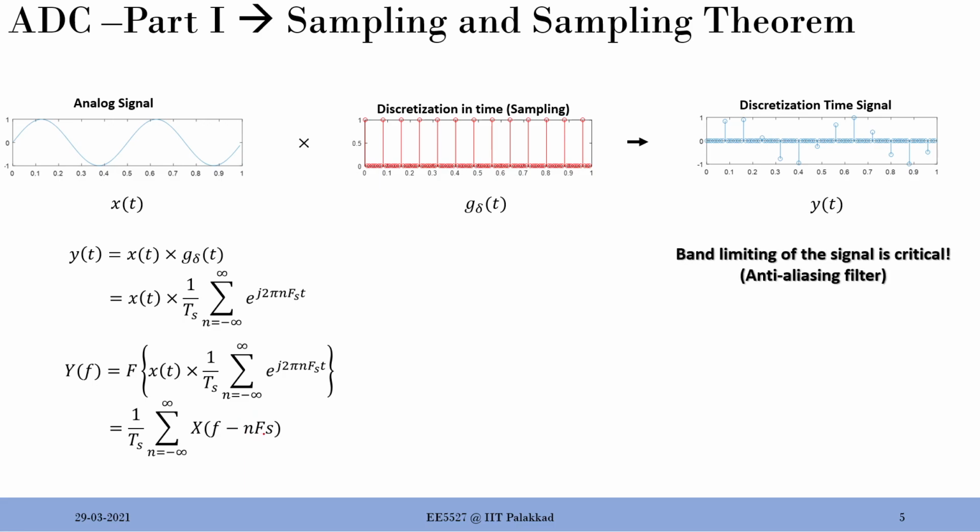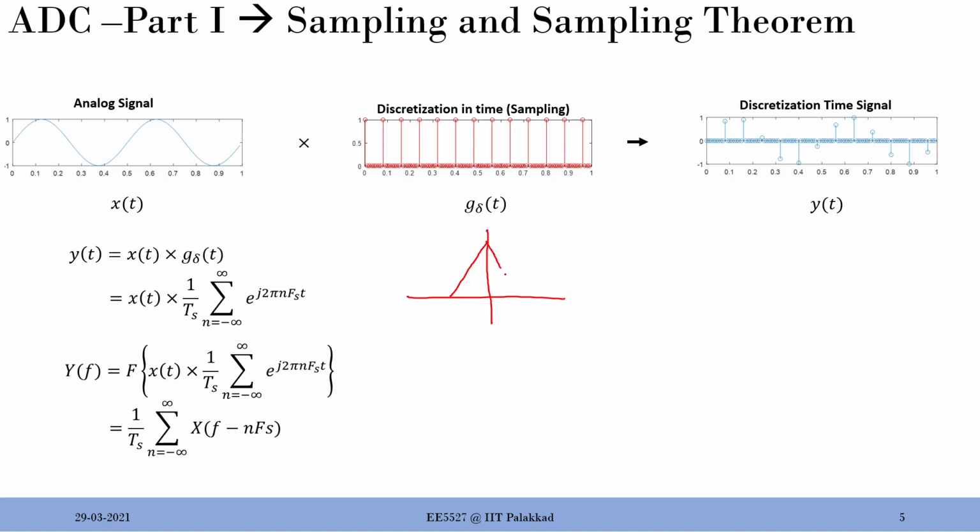So now it is very important to know that, suppose x of f, let me draw it for you, just like I drew it for you in the earlier case. Let's say x of f is something like this. Okay, so this is x of f, and because the n value is changing, you have 0 here, then you have Fs here, then 2Fs here, and then minus Fs here.